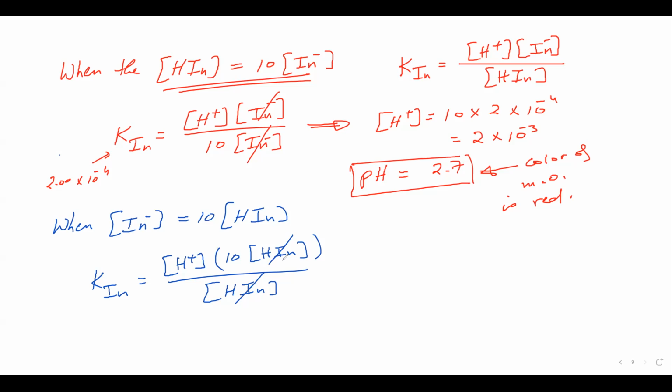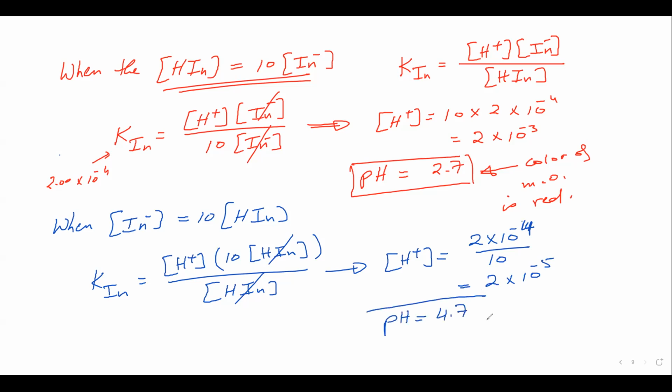And so the HIN cancel, and from which we find that H positive equals 2 times 10 to the power minus 4 divided by 10, which is 2 times 10 to the power minus 5. And so we will find that the pH here will be equal to 4.7.